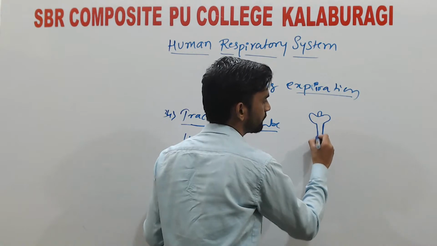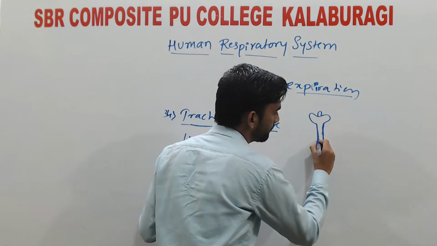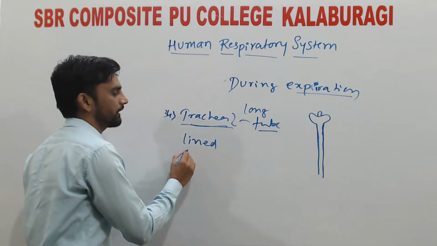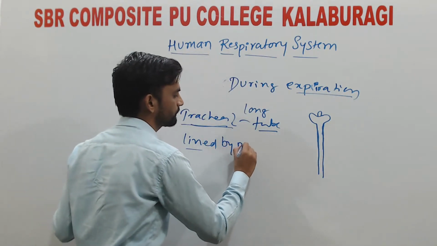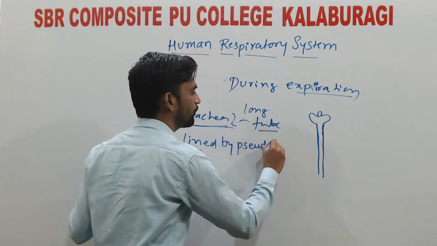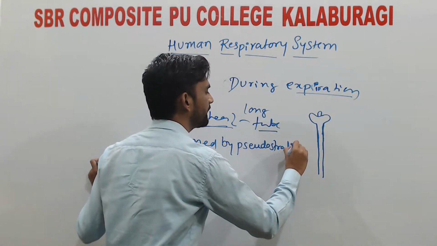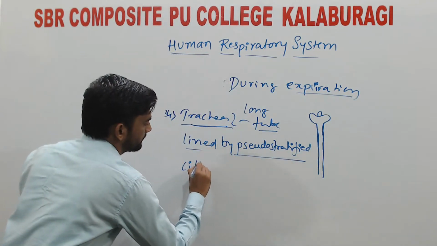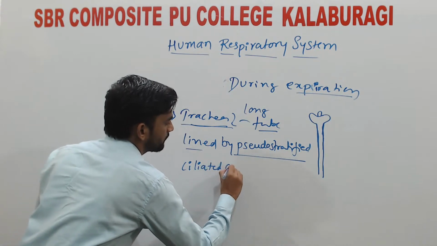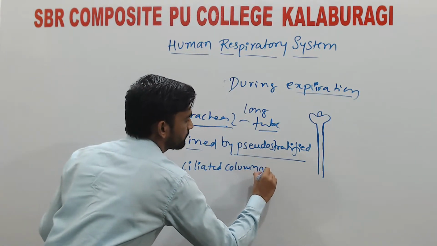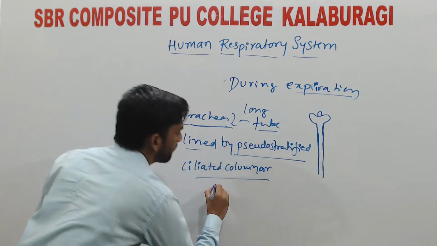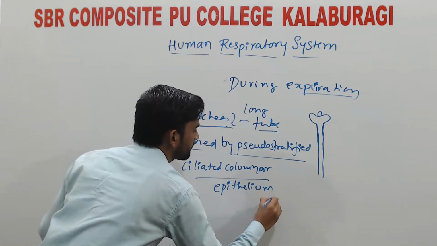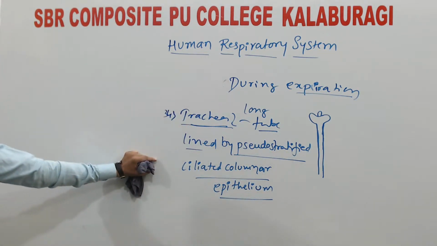Then this opens into the windpipe, a long tube, which we call the trachea. The inner lining of the trachea is lined by, underline this word, pseudostratified ciliated columnar epithelium. This word you should remember always.